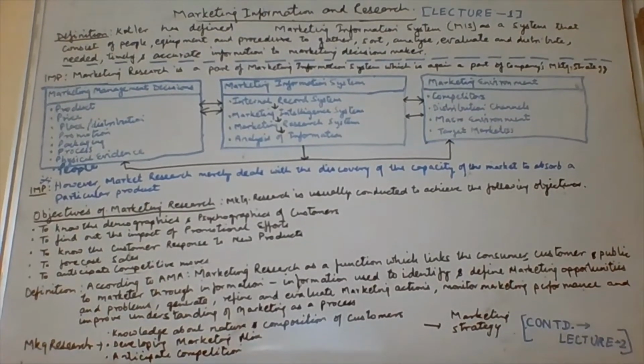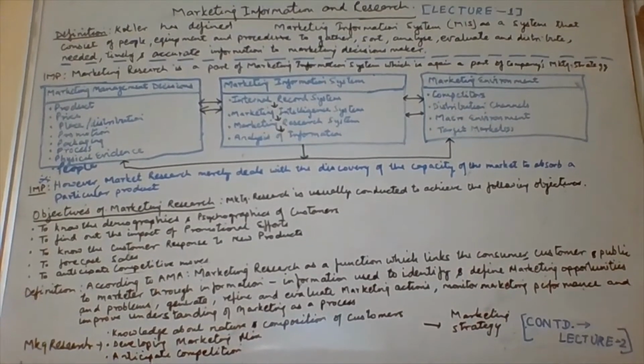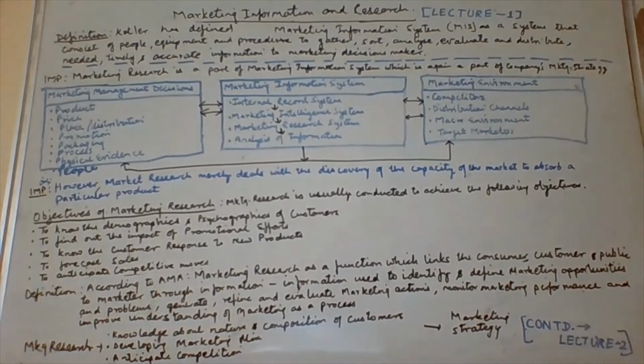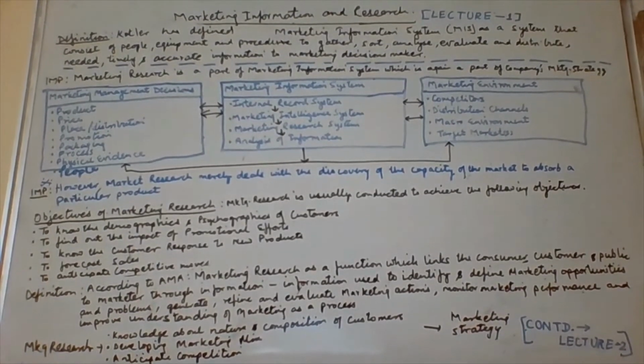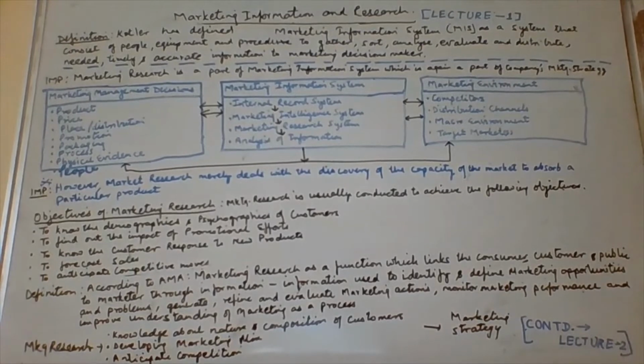Going through it, it is very important for us to understand what this is. However, marketing research merely deals with the discovery of the capacity of the market to absorb a particular product. So there is a difference between marketing research and market research.